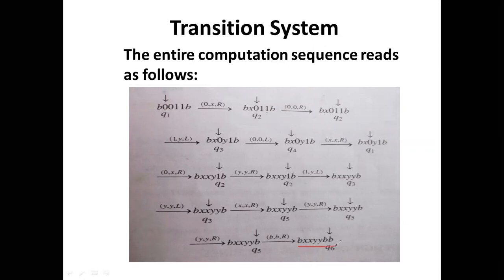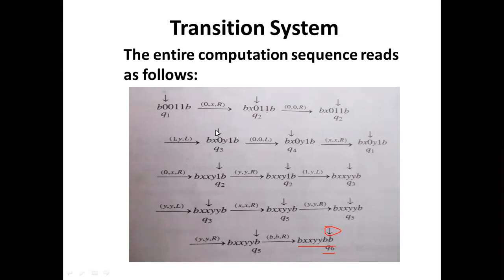And in that way, we reach the last move, where the tape is B XXYY blank blank, and the head is on the last blank, and it will check the Q6 state, and Q6 reads the blank symbol.